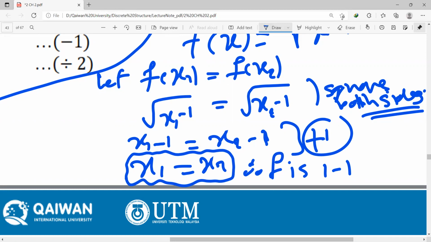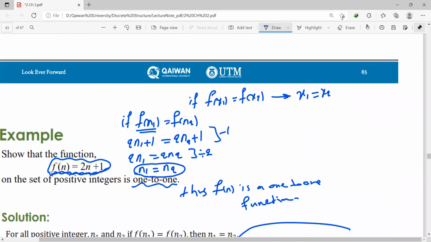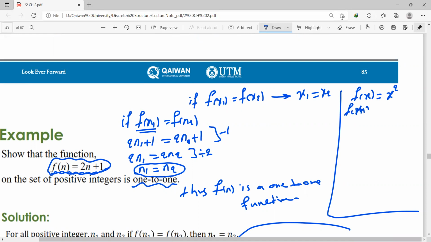For example, let's take an example. I'm just going to write down here f of x to be, let's say, x squared. Okay, that's a function, but not one-to-one. Why? We say let f of x1 equal f of x2.